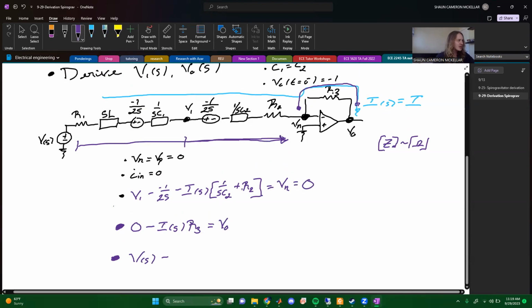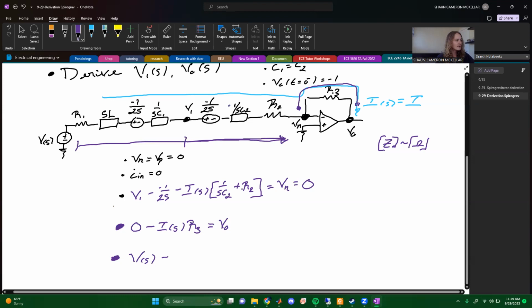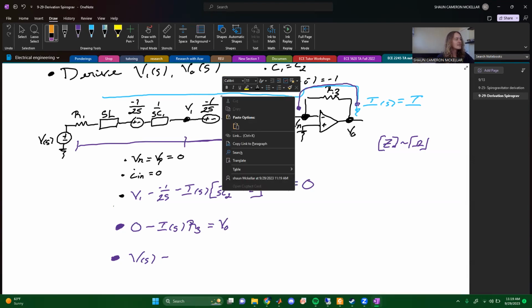The total voltage I'll drop, as far as strictly voltage units, are minus 1 over 2S, and then again minus a negative 1 over 2S.